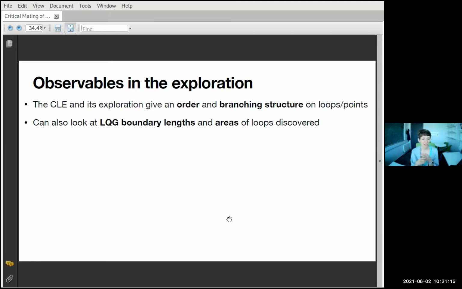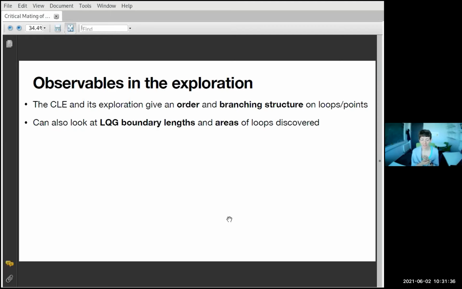So it's very natural then to consider, when I think about this branching exploration, the observables given by just the boundary lengths and the areas of the loops that I discover along the branches. So I really mean the quantum boundary lengths and areas. So the boundary lengths and areas as measured by this independent Gaussian free field.